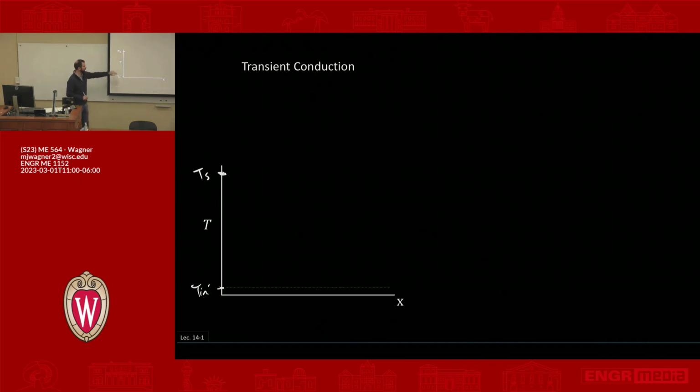Everything's initially here. Suddenly I force it to go to Ts. What happens? At time equals 0, or shortly after 0, what is that going to look like? You're going to have some kind of really steep gradient here, and then it's going to go out like this. Just after 0, there's a huge amount of heat transfer.